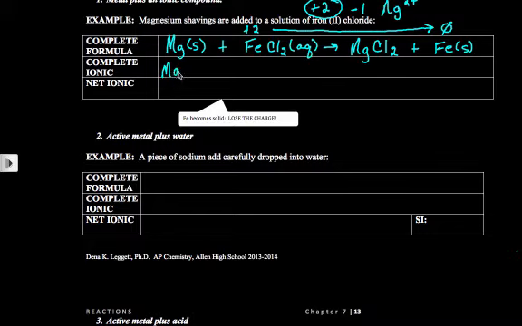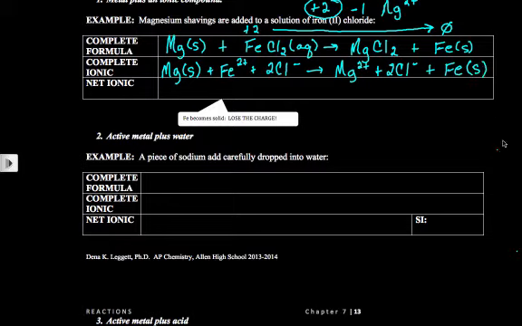Now, magnesium chloride is soluble. And you would be given some indicator that that's soluble, because you don't have to memorize those solubility rules for that. So the question would give you an indicator. I'm going to keep those as solids.